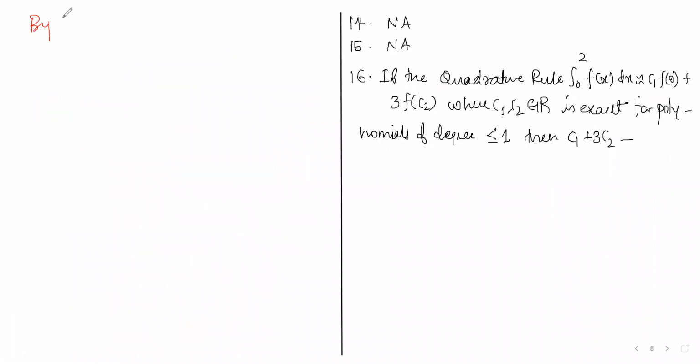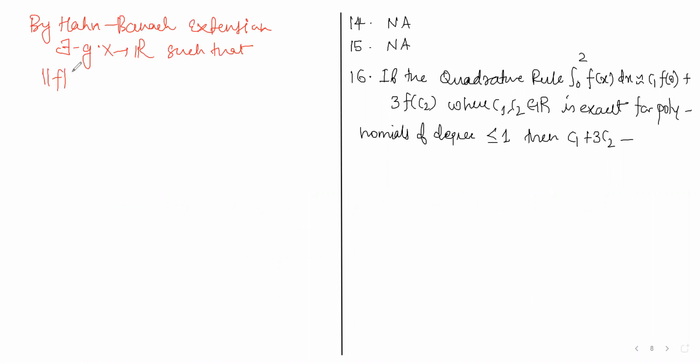So by Hahn-Banach extension, there exists g from X to R such that norm of f is the same as norm of g, and the restriction of f, which was defined from Y to R, is the same as g. We'll be using these two things to find out the norm of f.